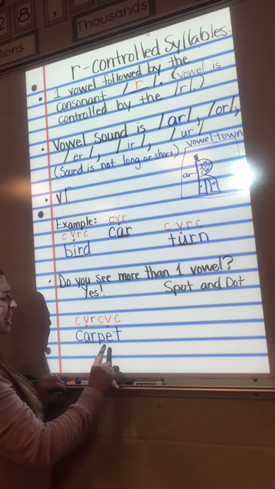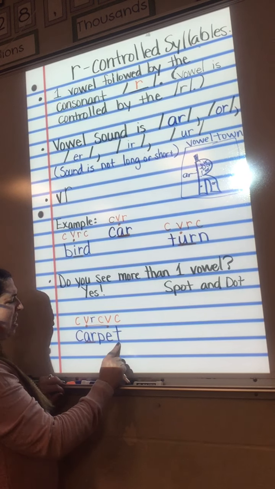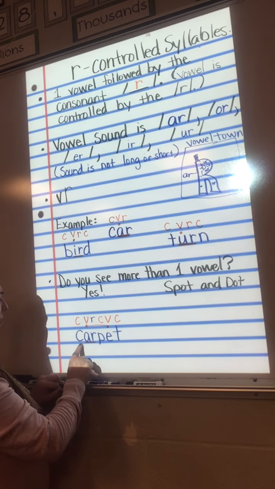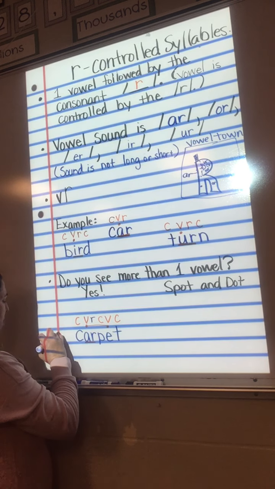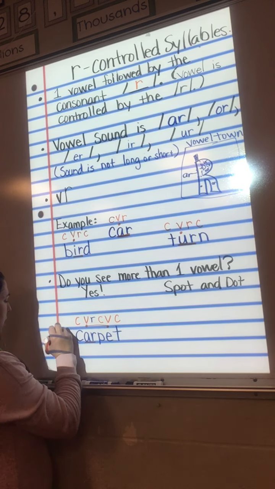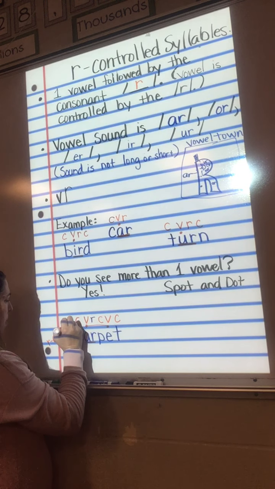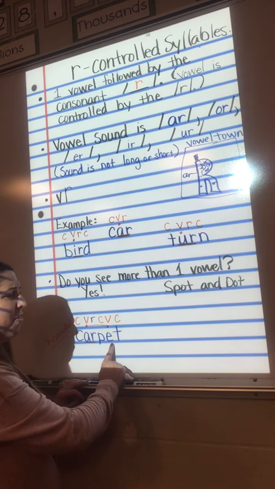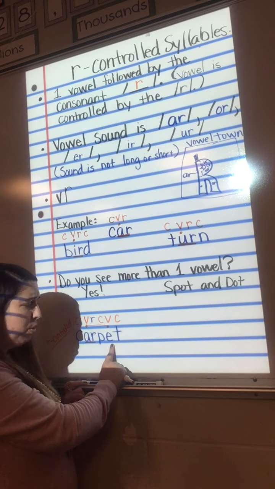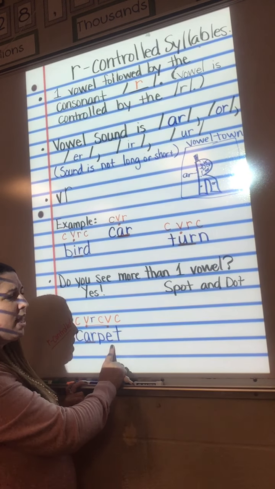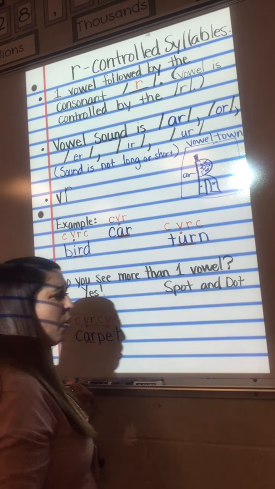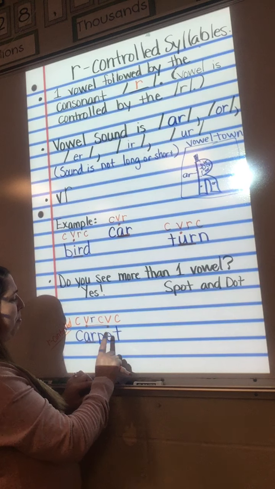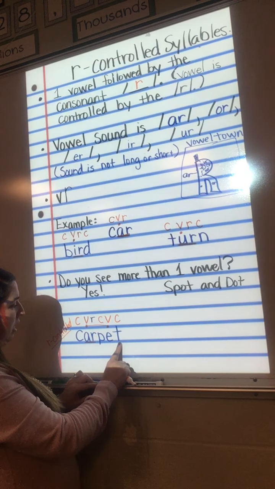All right, but this E, it's not followed by an R, so it's not an R-controlled syllable. But I definitely know this side is R-controlled, so I'm going to label that R-controlled. But now I've got to figure out this one, so I need to go back to those notes. Let's start with closed. Closed said it's a syllable, it's a vowel followed by a consonant. Oh, it is.